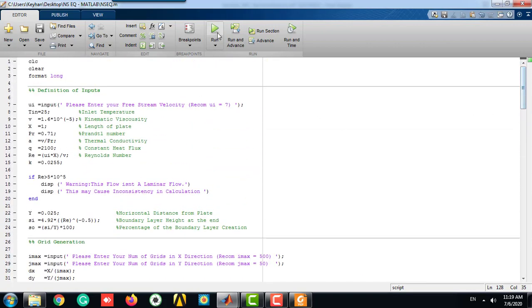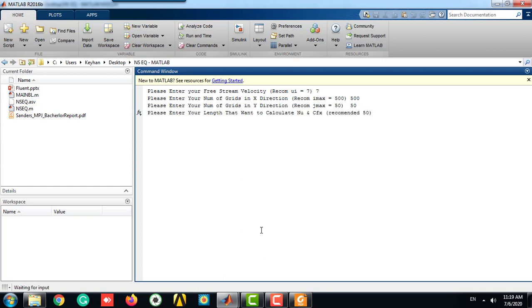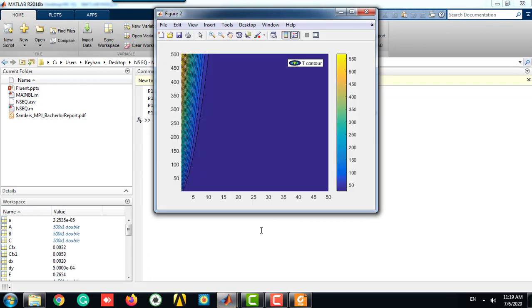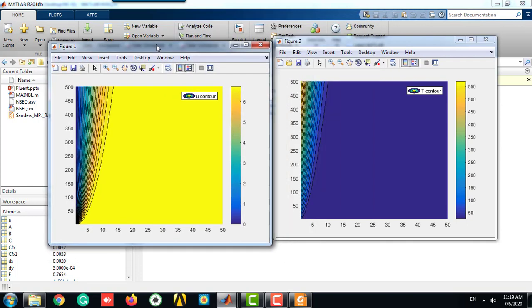If we run this simulation, for the free stream velocity 7, x direction 500, y direction 50, we can have these contours. You can see the left is the plate, and it will start from the bottom.